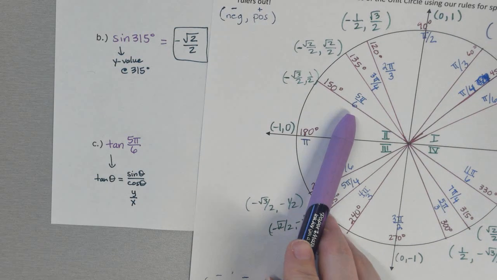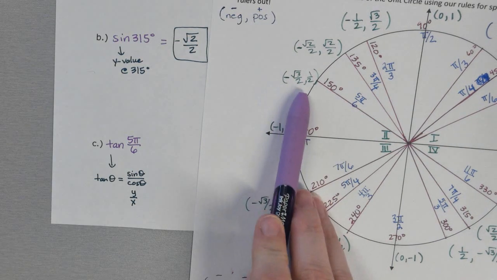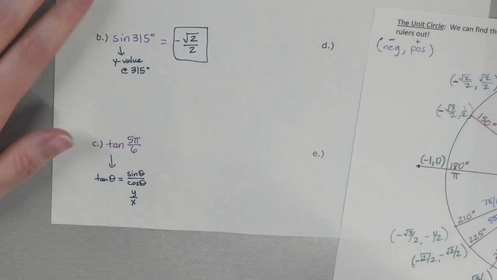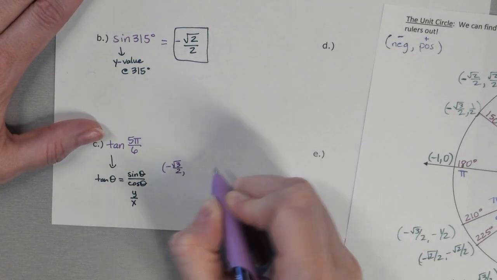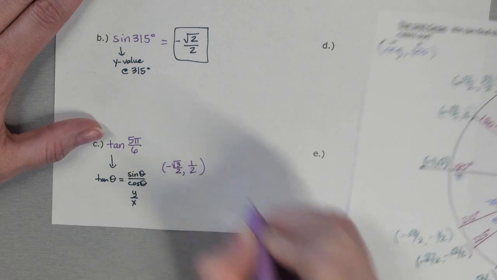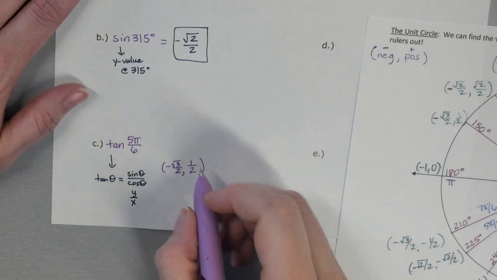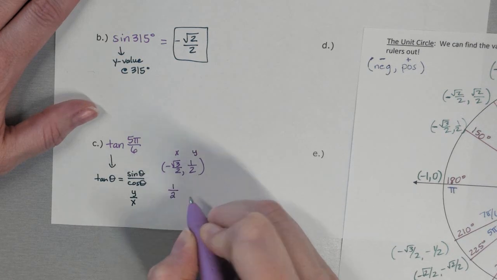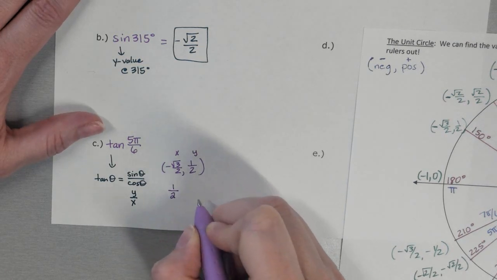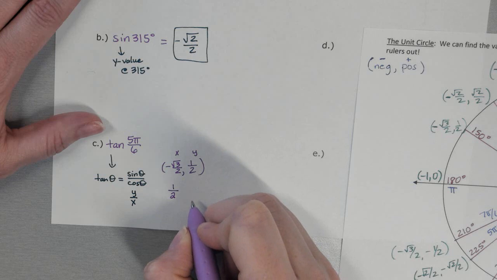Okay, so 5 pi over 6 is right here. So here's my point. I'm just going to write down my point: negative root 3 over 2, positive 1/2, and then I'm going to divide. So here's my x, here's my y. Is it okay if I do 1/2 times the reciprocal right away?